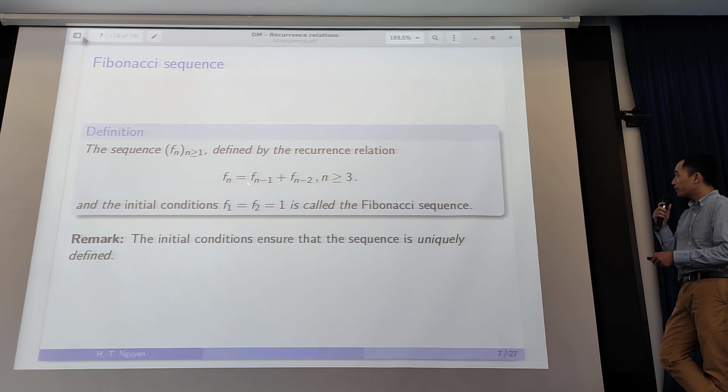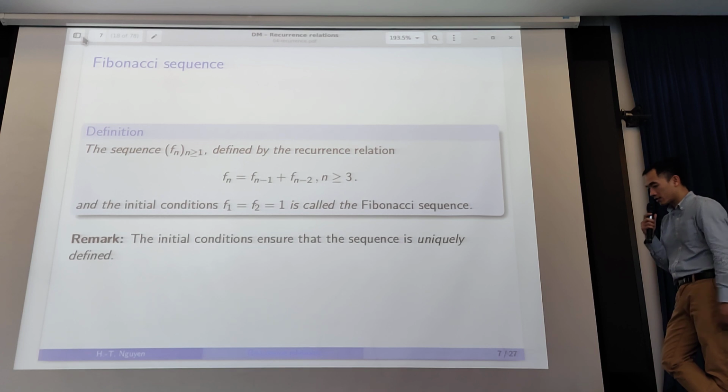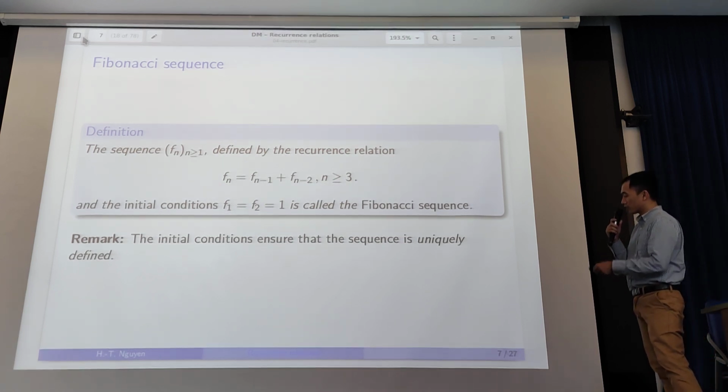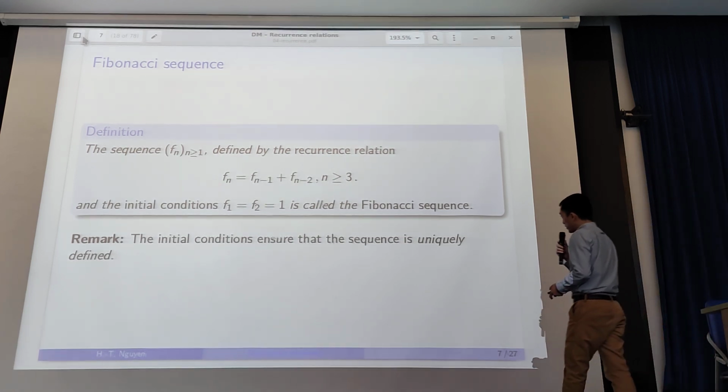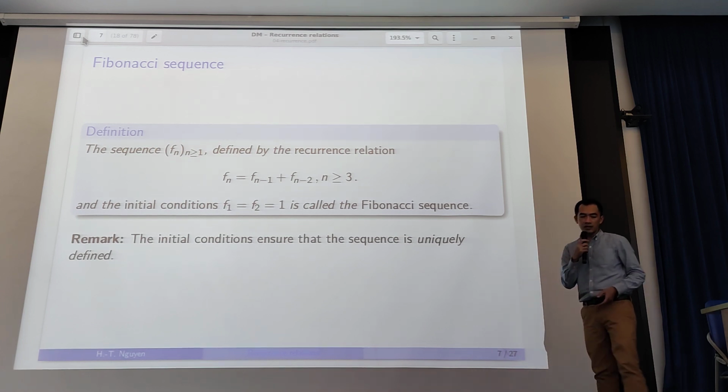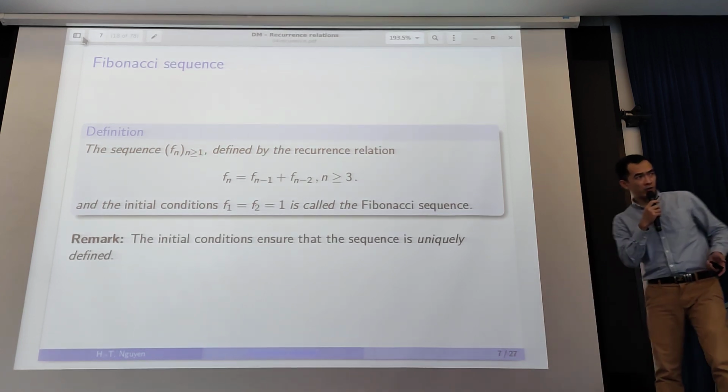Okay, so if you change the initial conditions, then you will have another sequence. Whenever you talk about the Fibonacci sequence, it involves two things. First you need this famous recurrence relation, but you also need the initial conditions. The relation alone doesn't define the Fibonacci sequence. It depends on the textbook or document.